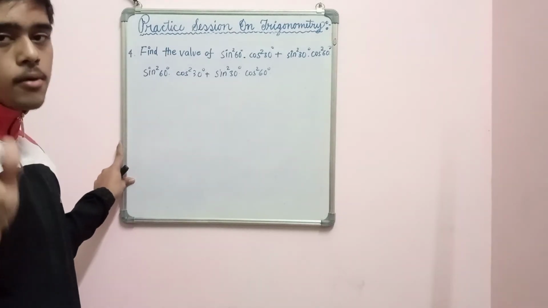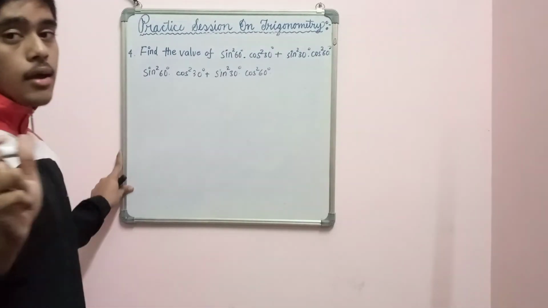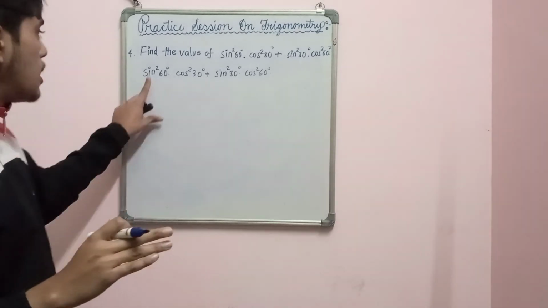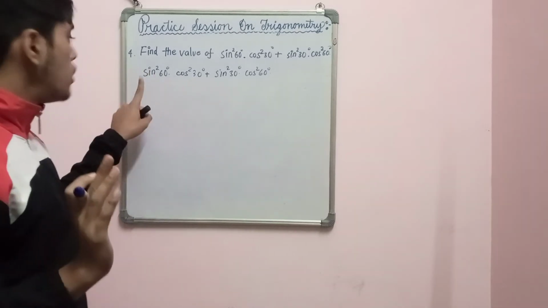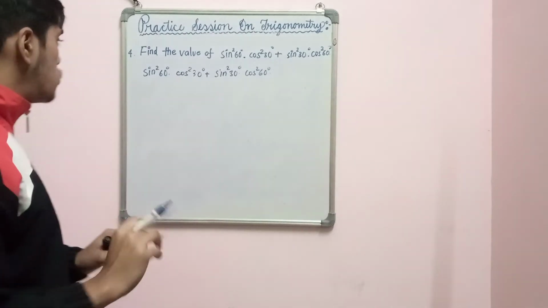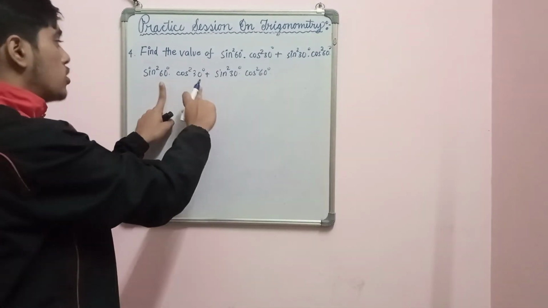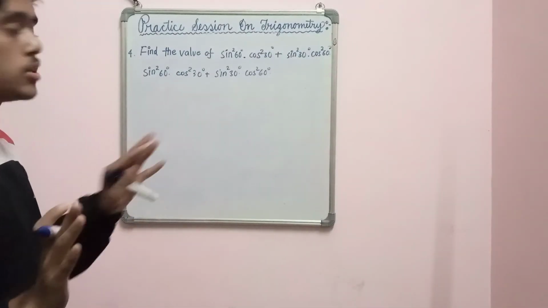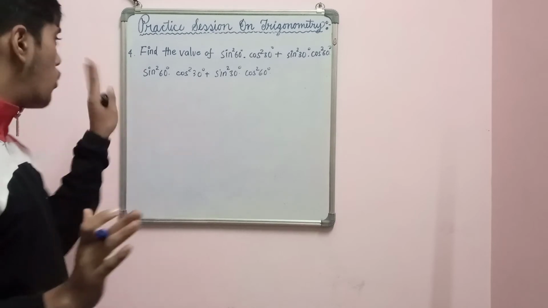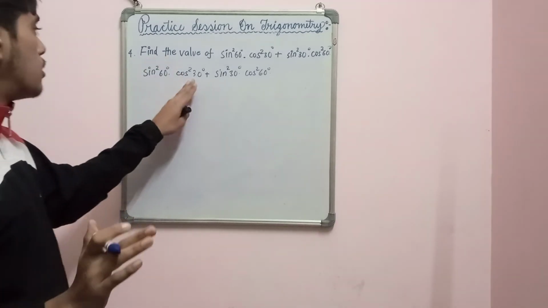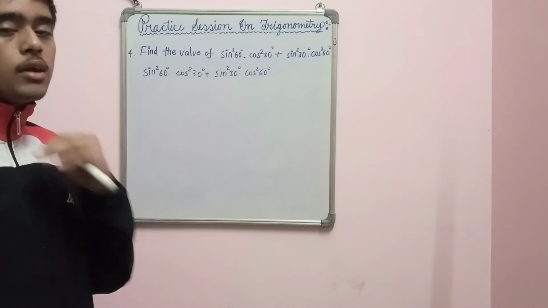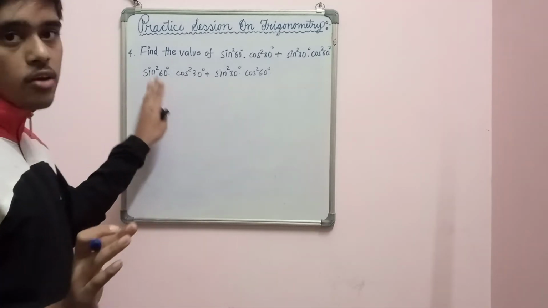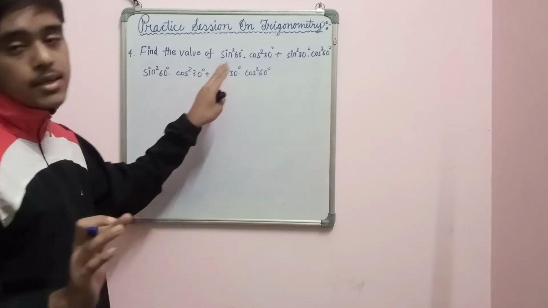Remember the table of the trigonometric ratios of specific angles. जो टेबल दिया हुआ है उसको याद करो, because without remembering the table you can't solve this problem. So you need to remember the values of sine 60, cos 30, sine 30 and cos 60. You should remember that, because without that this question cannot be solved, because sine 60 and cos 30 all represent different values. Now we are going to see by putting the values of sine 60, cos 30, sine 30 and cos 60.